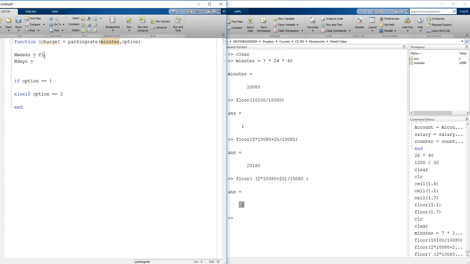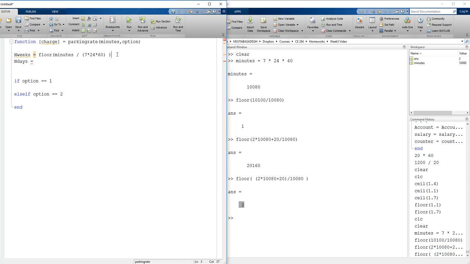Number of weeks would be floor of minutes, whatever it is that comes in, divided by, although I know that's 10,080 minutes, I'm just going to write it again. 7 days, 24 hours, 60 minutes. So that's the number of minutes within each week. And again, I use this parenthesis to calculate this number because this is the number of minutes within each week.